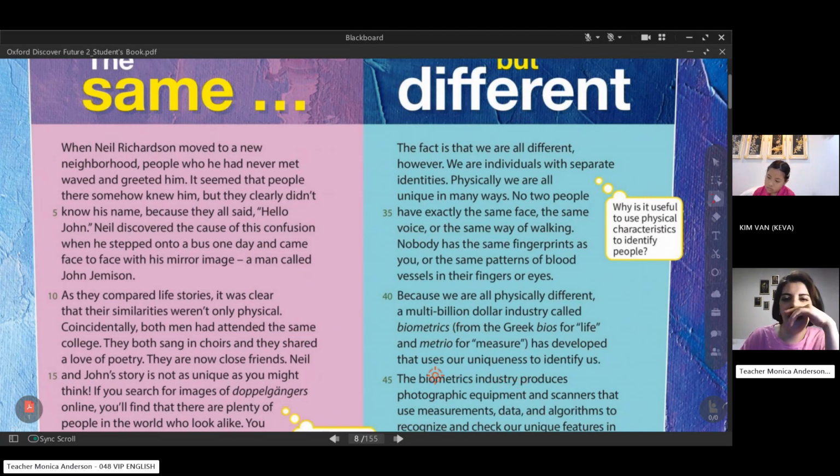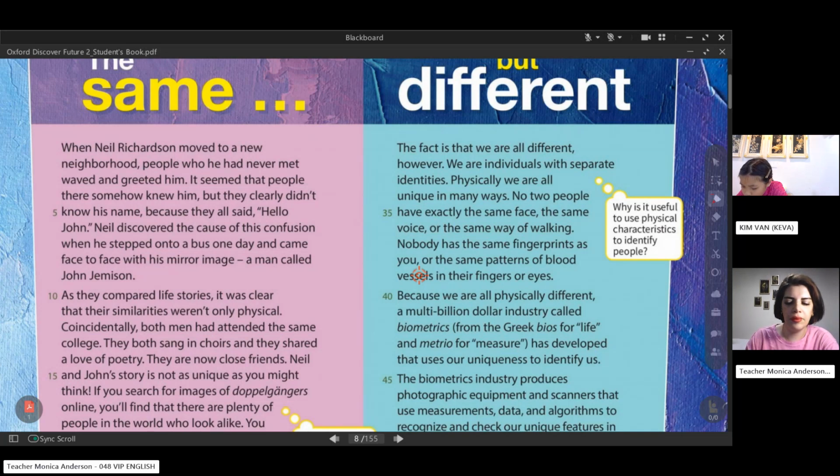When Neil Richardson moved to a new neighborhood, people who he had never met waved and greeted him. It seemed that people there somehow knew him, but they clearly didn't know his name, because they all said, "Hello, John." Neil discovered the cause of this confusion when he stepped onto a bus one day and came face to face with his mirror image, a man called John Jemison.